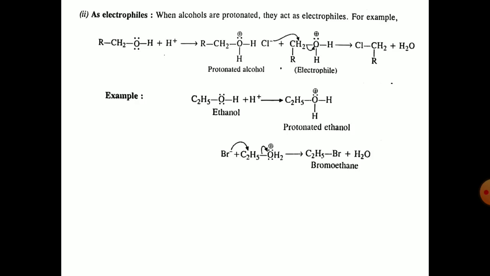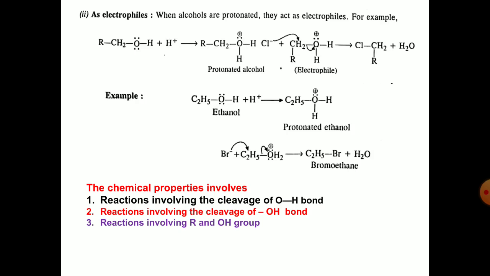If it reacts with Br minus, what will happen? The Br minus will act in the form of an SN2 reaction, a nucleophilic substitution reaction. It will attack the ethyl group and OH2 will be removed in the form of water. It is given here, and ethyl bromide plus water is produced.